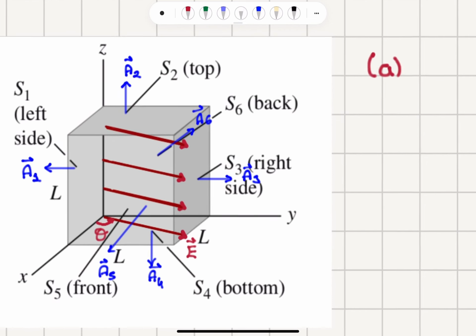Okay, so as I said, the electric field has to be in such a direction that it is parallel to the xy plane and making an angle of 53 degrees, so that's more than 45, so it will be beyond this diagonal here with respect to the positive x-axis. And here we have the area vectors for each face pointing out.